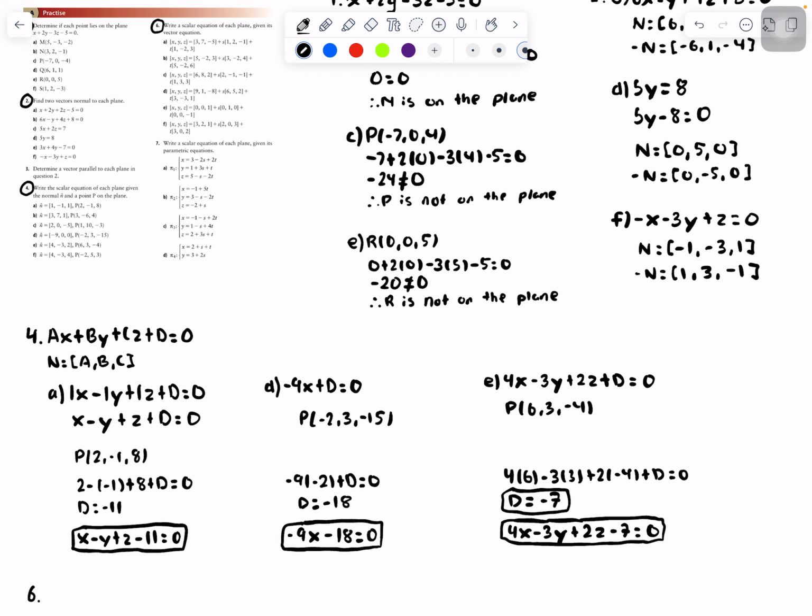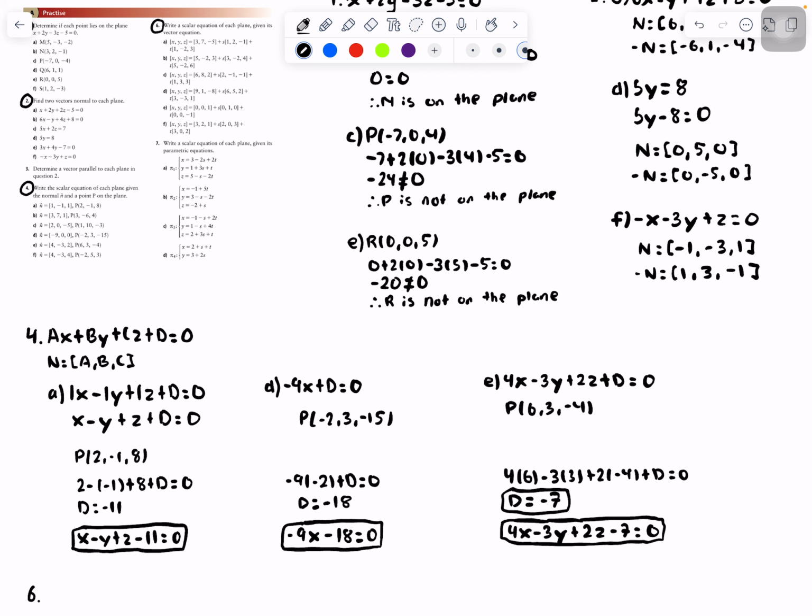Well, we're given the vector equation of each plane. We can take those two direction vectors, and now we have to think of an operation that, if we give it two vectors, gives us a perpendicular vector to both. Well, that's precisely what the cross product from unit 7 does, right? So we can take the direction vectors of the plane, take their cross product, find a normal vector, and then we're golden.